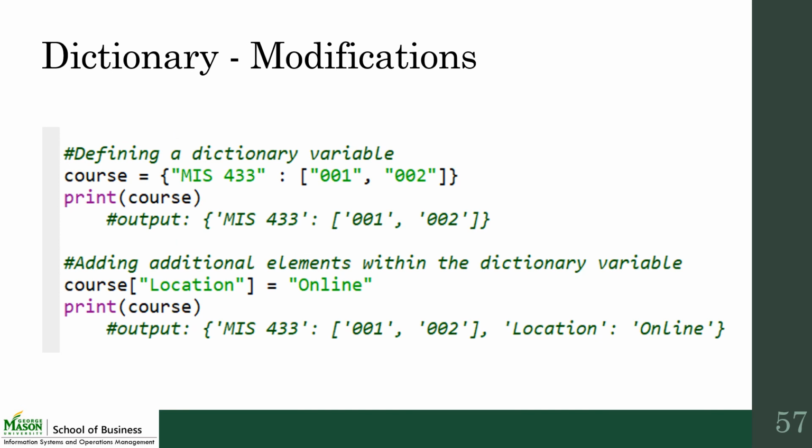To add additional new key value pairs within an existing dictionary variable, we would need to call the variable followed by a pair of square brackets with the name of the new key followed by the assignment operator and the value that will be attached to that key.